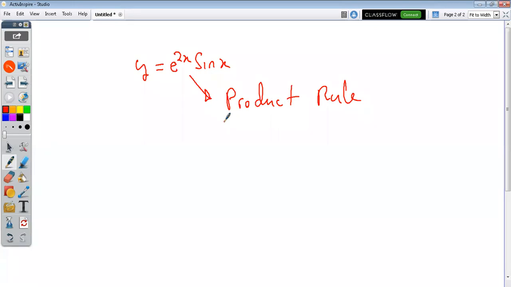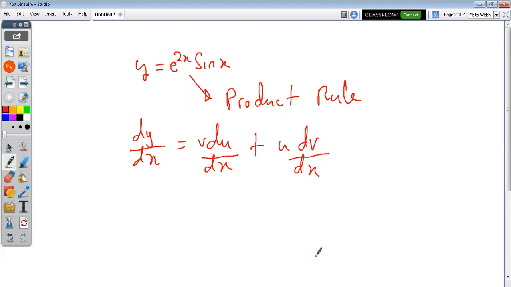It's in its simplest terms, and these terms are very different. I use the product rule. According to your booklet that I gave you, it says dy over dx is equal to v du over dx plus u dv over dx.